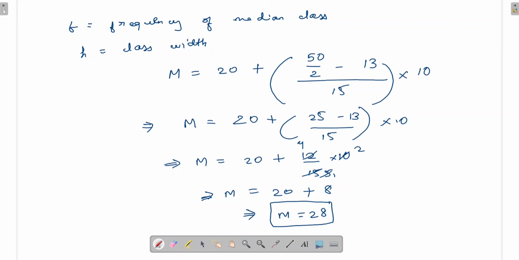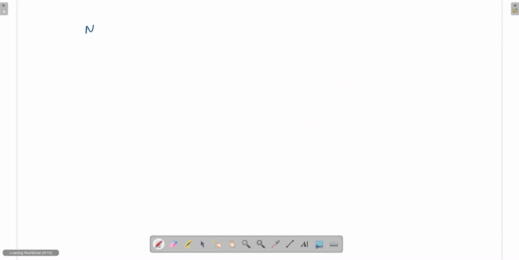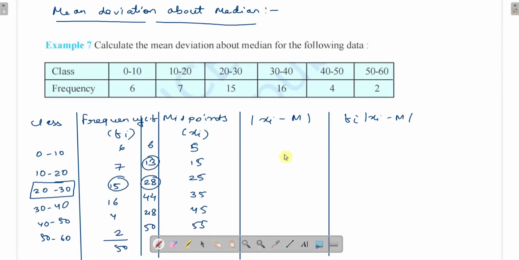Now we can calculate the mean deviation. For that we have to get this column, modulus of xi minus M, where M is 28. Modulus of 5 minus 28 is modulus of minus 23, which is 23. Modulus of 15 minus 28 is modulus of minus 13, which is 13.